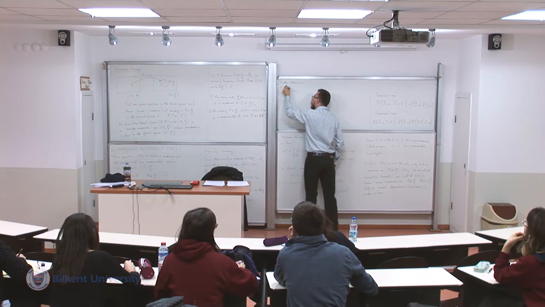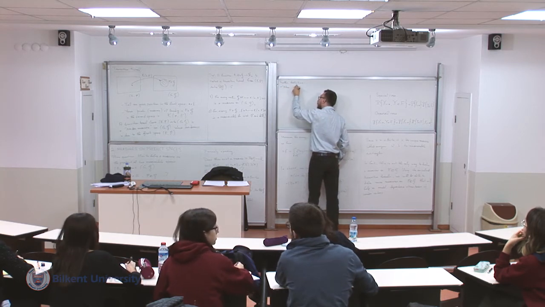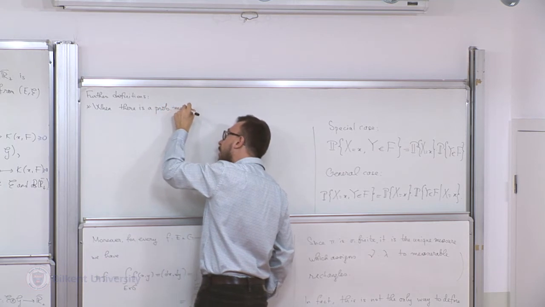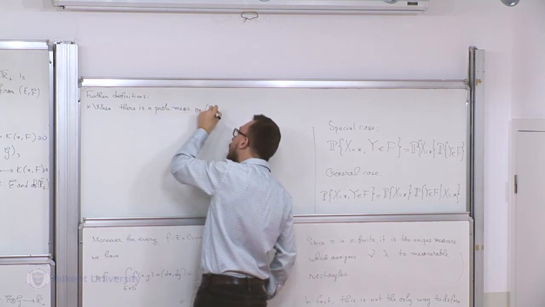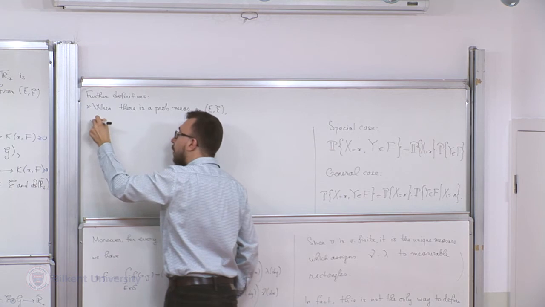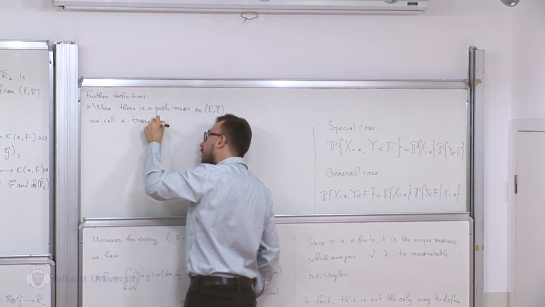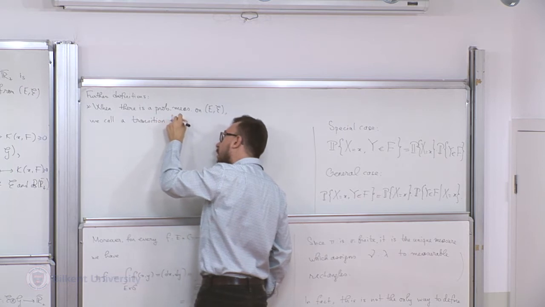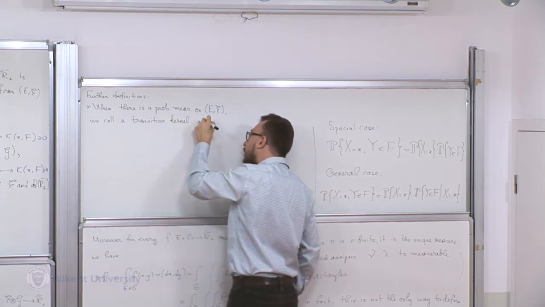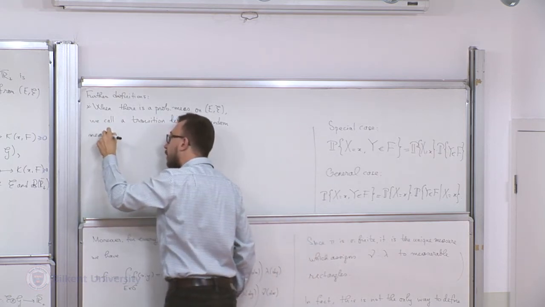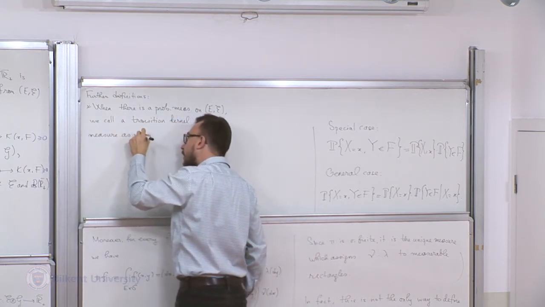When there is a probability measure on E, script E, we call a transition kernel a random measure as well.